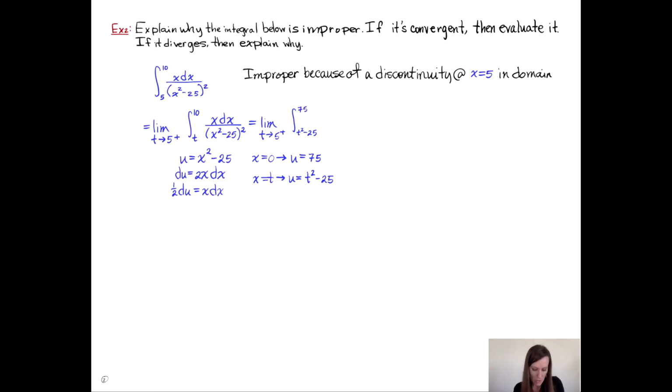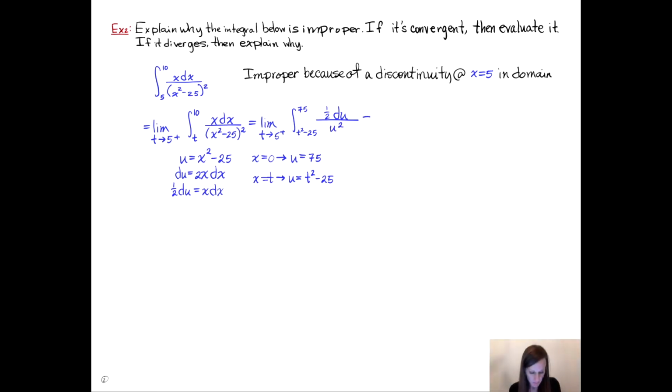And in our numerator, in place of the x dx, we have 1/2 du. And in the denominator, in place of the x squared minus 25 squared, we have u squared.